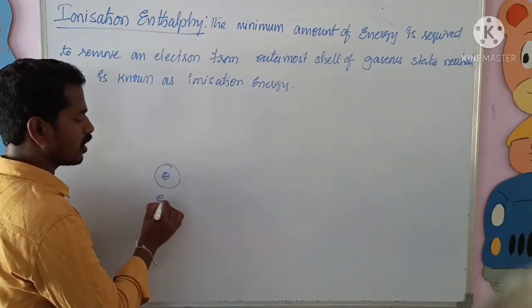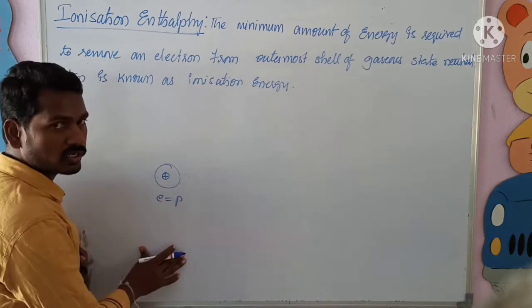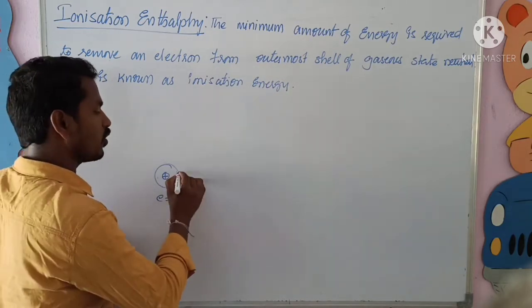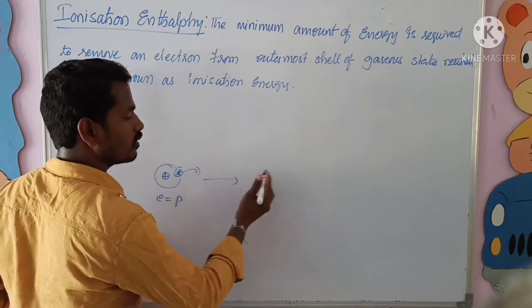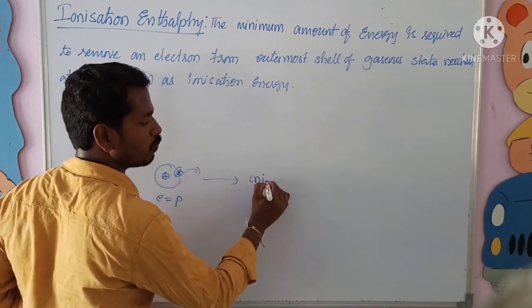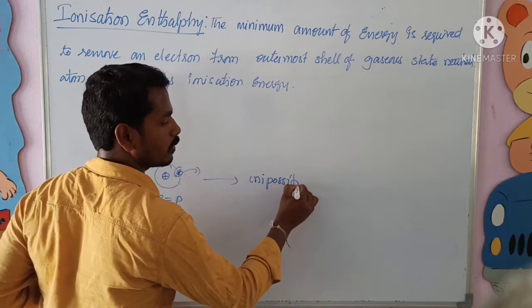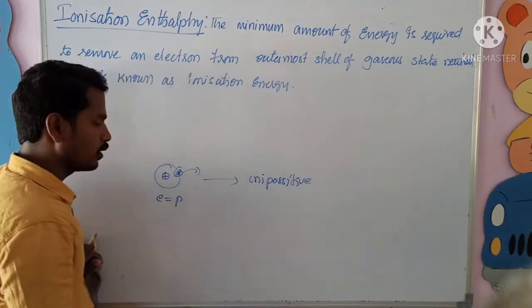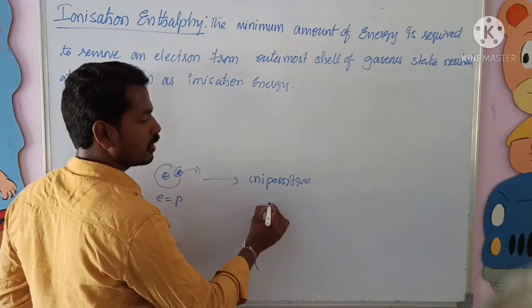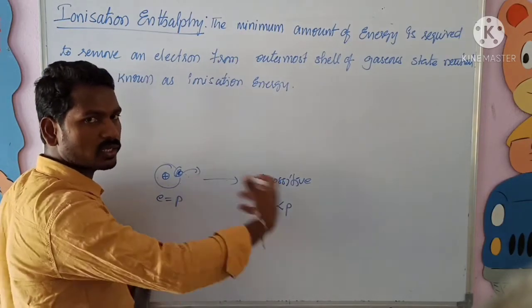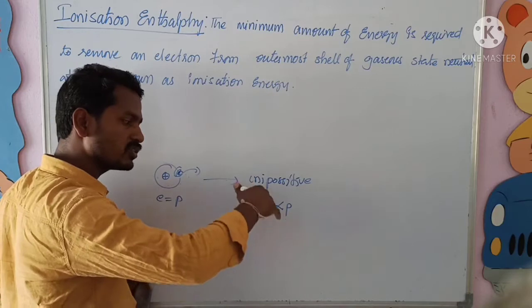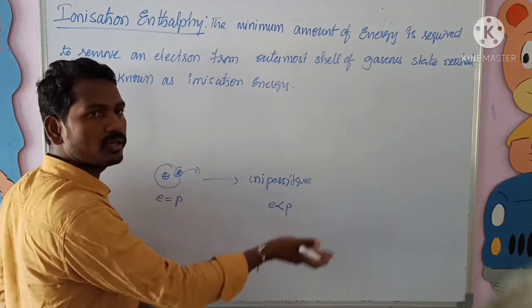In this atom, the number of electrons is equal to the number of protons. By removing one electron from the outermost shell, it forms a unipositive ion, because now the number of electrons is less than the number of protons. One electron is removed, so the electron number decreases relative to the proton number.